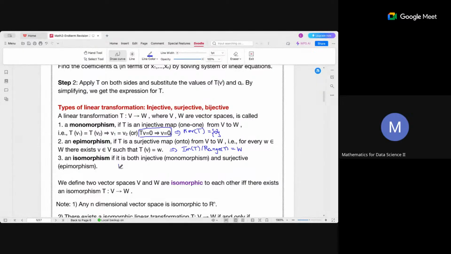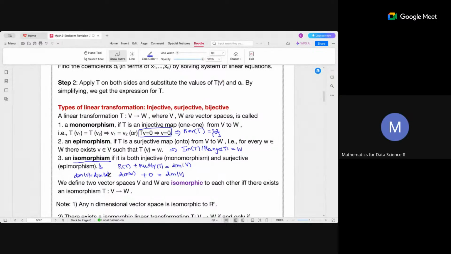The rank-nullity theorem says that rank of T plus nullity of T is equal to n, the dimension of V. Now rank of T is nothing but the dimension of the range, which is the dimension of W, and nullity is 0. So if T is an isomorphism, the dimension of V equals the dimension of W. The dimensions of V and W are the same.